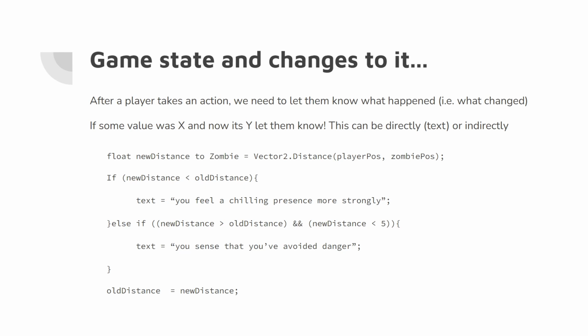Otherwise, I could say, well, if my new distance is greater than my old distance, meaning I've moved away from it, right? That's okay. But I want something, this is kind of interesting here. It says, oh, well, last time around I was within 5. So there's a kind of 2 things going on in this state. I'm saying, all right, if I've moved further away from the zombie, but I'm currently within 5, but further away.